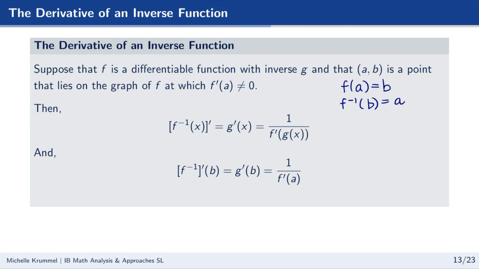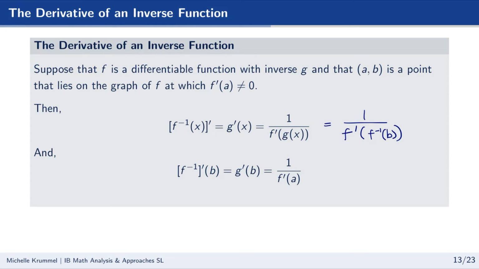So instead of writing f inverse of b, I could say g of b, because g is f inverse. G of b equals a. And so right here in this equation, if we're replacing x with b, then g of b gets replaced with just an a. But honestly, I tend to just think of it as 1 over f prime of f inverse of b.